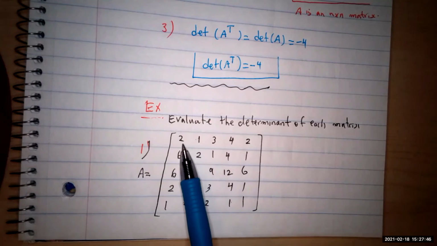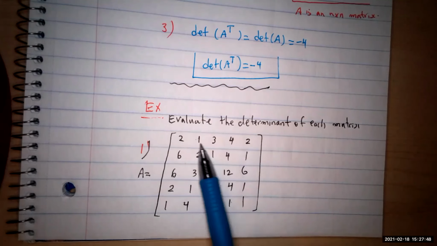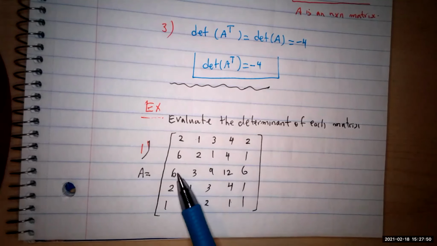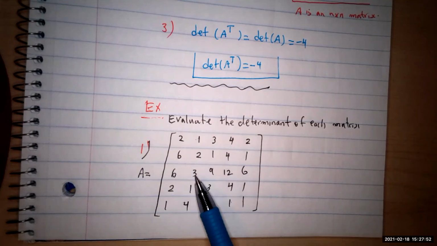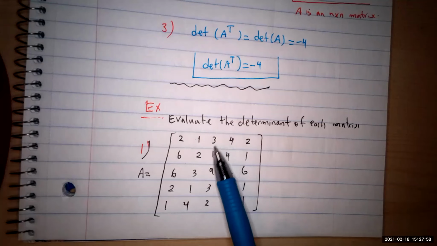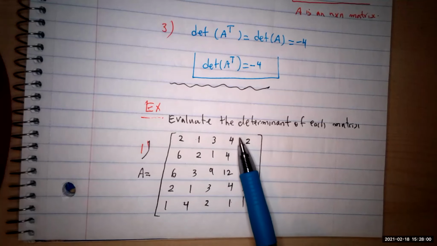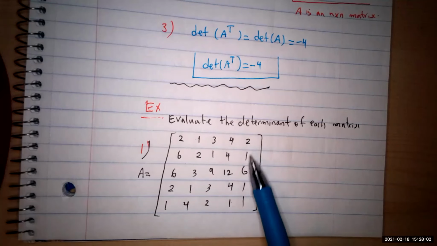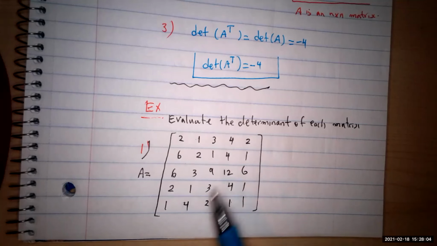If you multiply this one by 3, 3 times 2 gives you 6, and that gives you 3. Then 3 times 3 would be 9, 3 times 4 would be 12, 3 times 2 would be 6. So in this case, both of them are going to be the same, and if two rows are identical, the determinant would be 0.